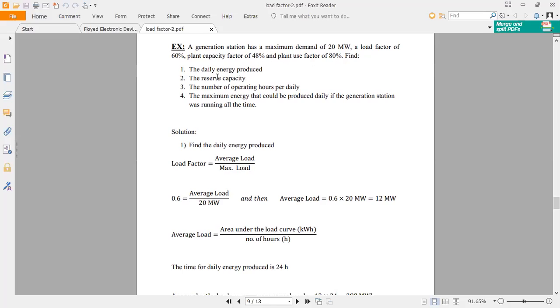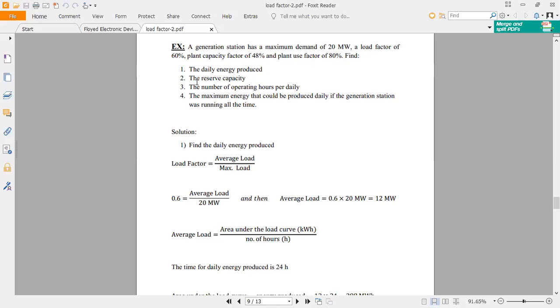Find the daily energy produced, that is how much energy is produced on a daily basis. Part 2, the reserve capacity, meaning how much capacity is reserved in the plant.